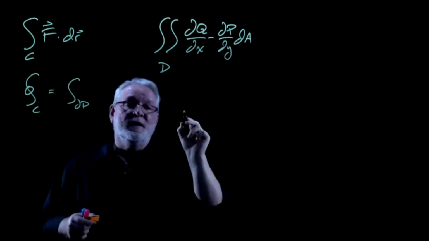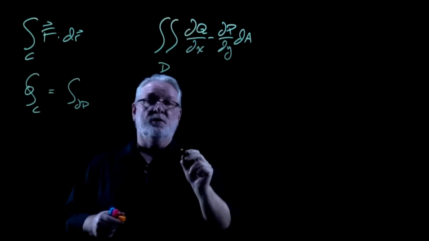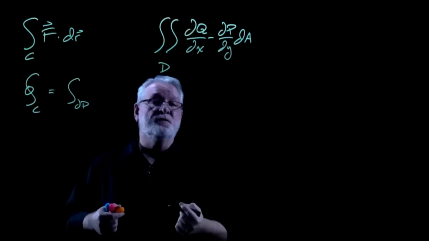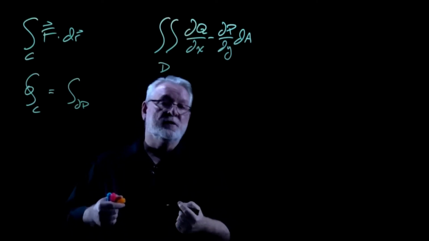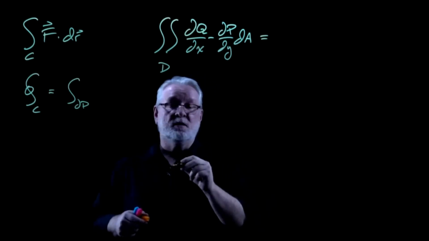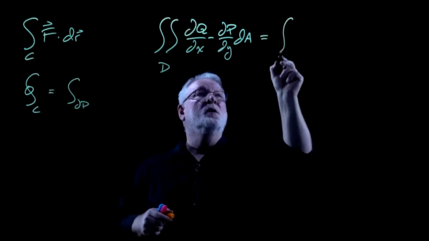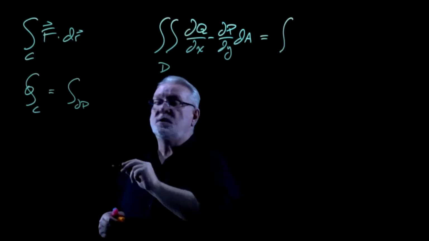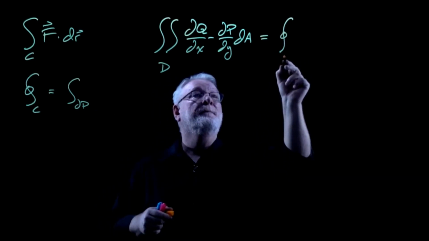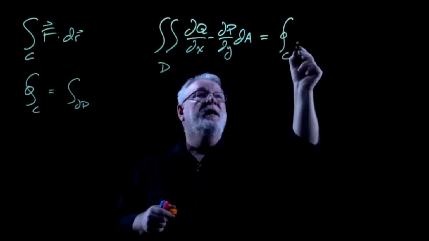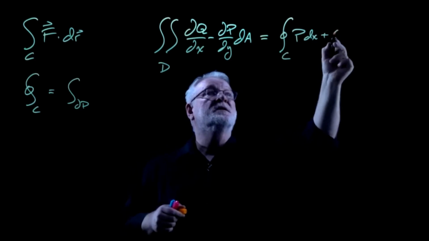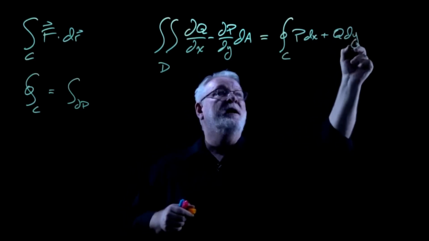So this would be an area double integral over the difference between the partial derivatives of these two functions p and q. Well, where do those functions come from? Well, the other side of Green's theorem gives us a clue on p and q. It's this closed loop integral over a curved path. And it refers to p dx plus q dy.